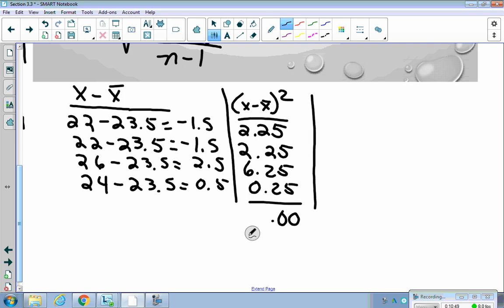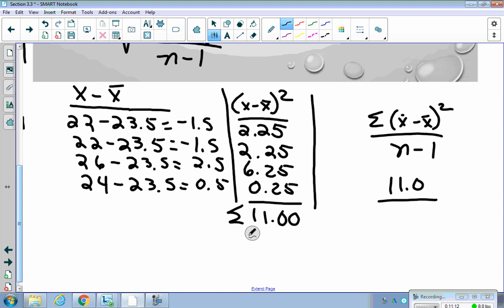11? Yes. So that's the sum. So next I'm going to take the sum and divide by n minus 1. So I'm going to take 11 and divide that by n minus 1. What's n? 4.